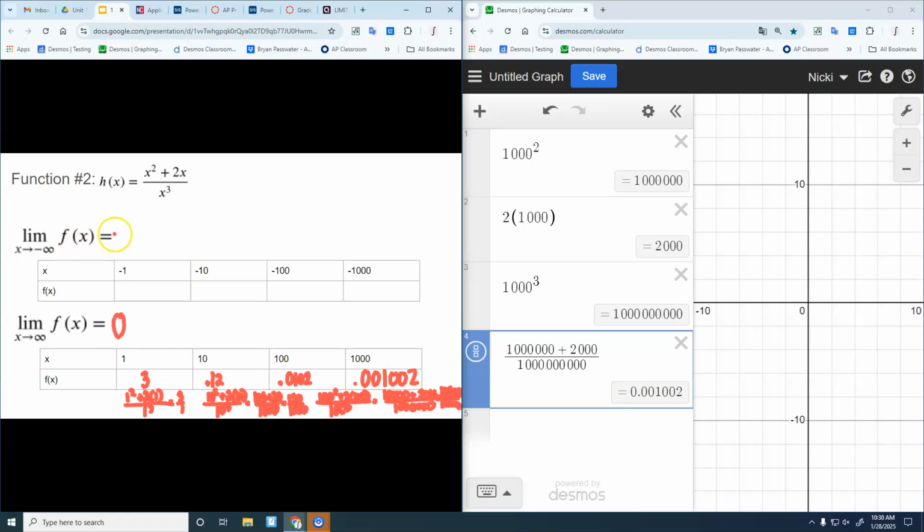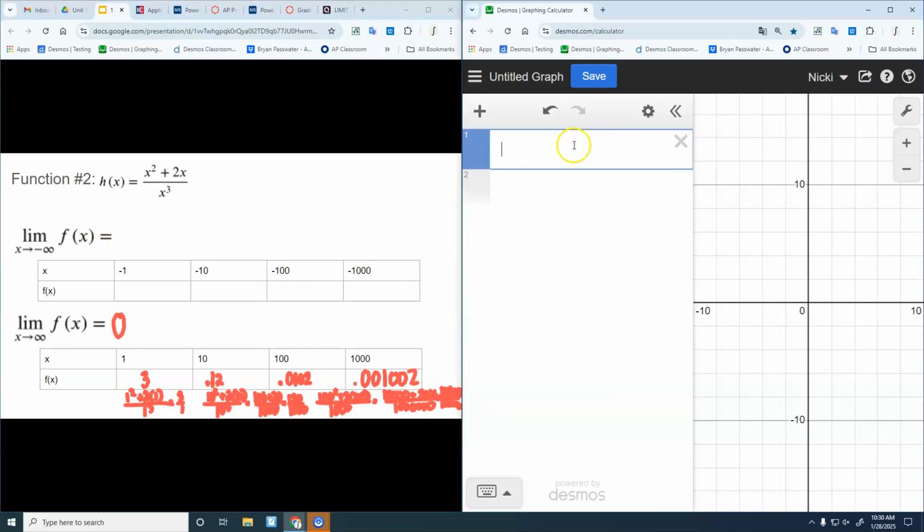If we look at the negatives, I'm going to just use the calculator in a more efficient way. Also, I did not notice, but I have a typo right here. I called this H, and then I'm using F right here, which is not right. Let's make that H there. I meant to change that, and I didn't.